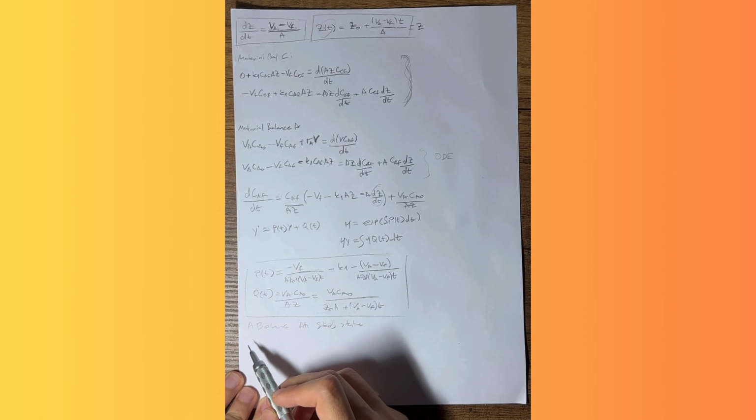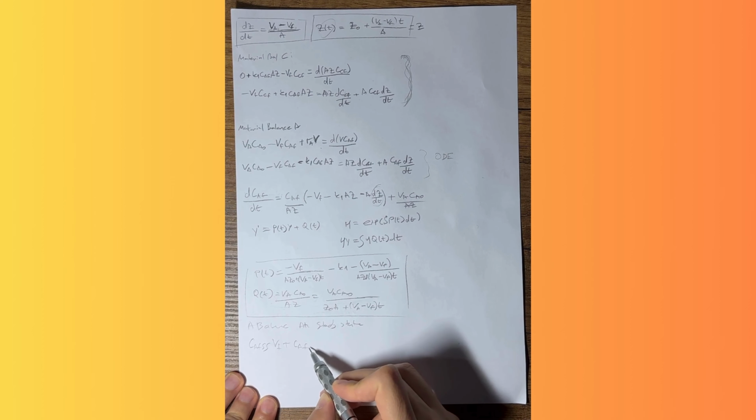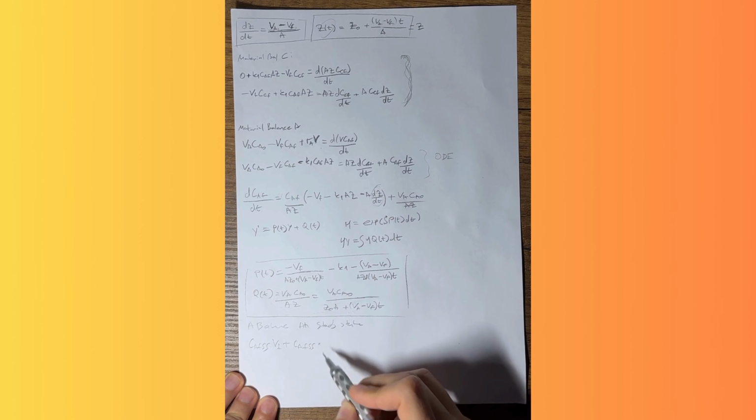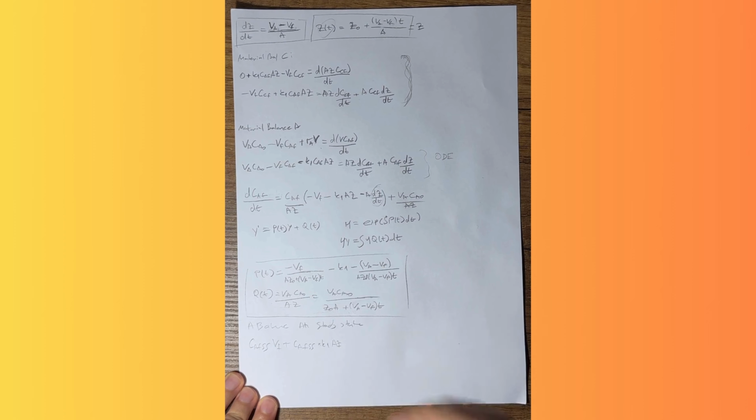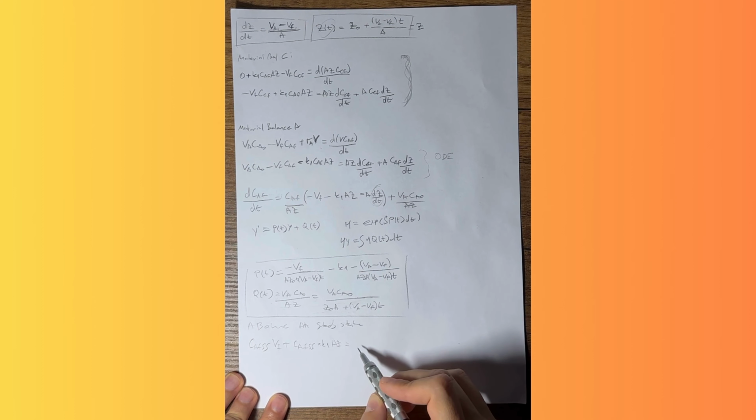How can we write it? CAF steady state times VF plus CAF steady state times K1 times AZ, the volume, is equal to the input, which is VA CA0.